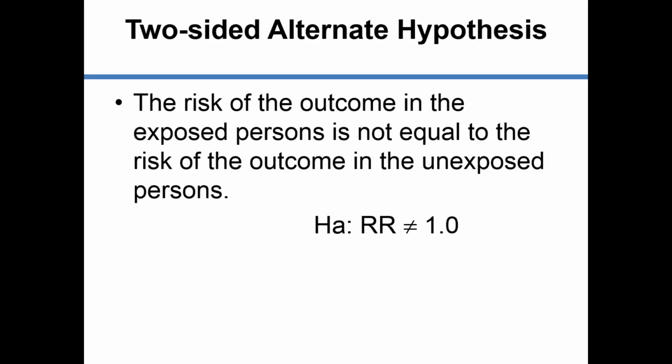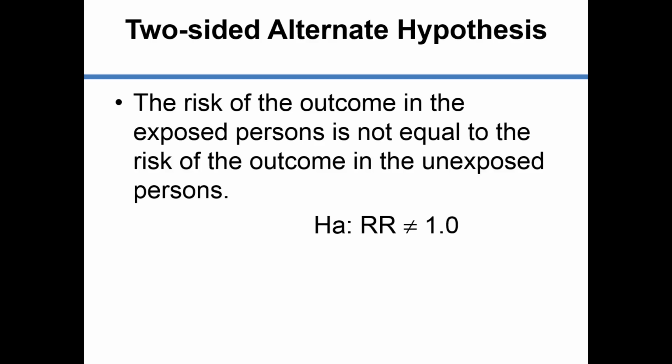Alternate hypothesis. Two-sided means we're hypothesizing the risk can be higher in the exposed, or it could be lower. Most people will tell you, unless you know absolutely, always go for a two-sided, like we're doing right now. The risk of the outcome in the exposed persons is not equal to the unexposed.